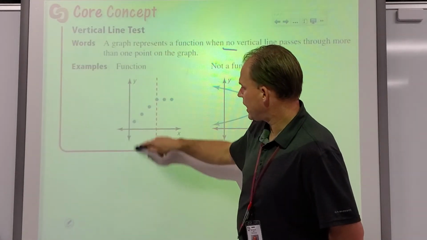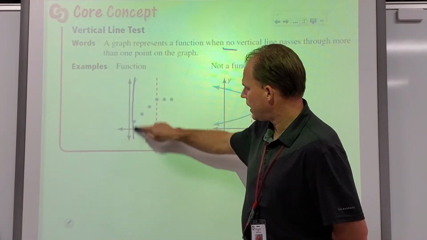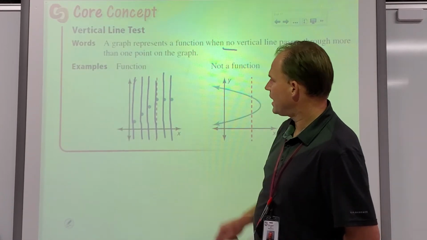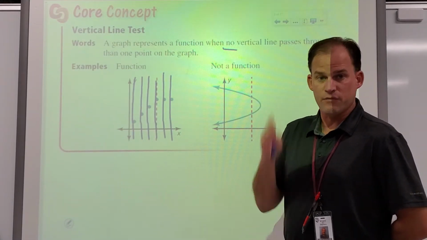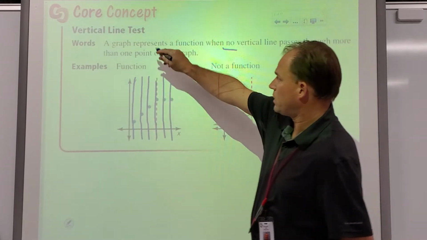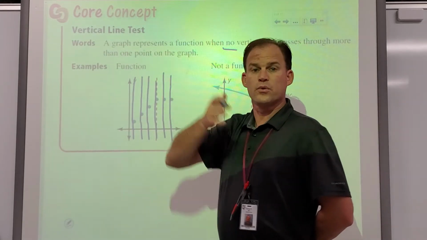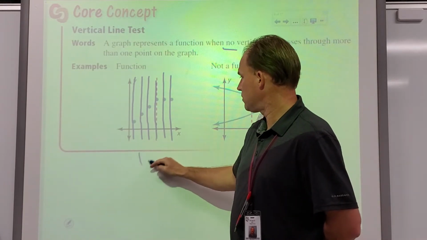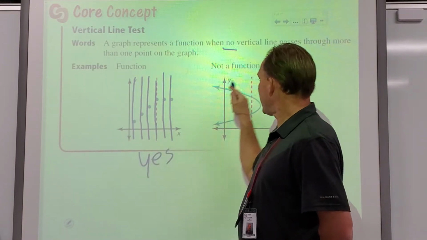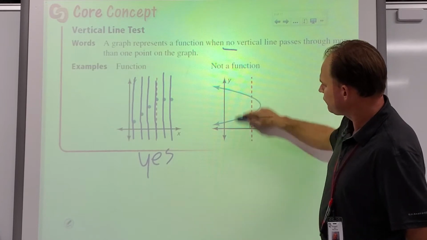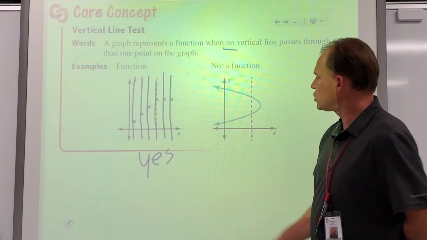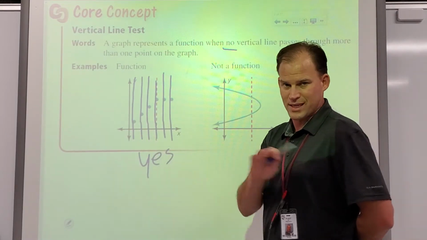But can I draw lines through each without hitting anything else? If you can draw a vertical line, that's why it's called the vertical line test, through each point without hitting another point, then this passes. If I draw a vertical line and I hit 2 points, not a function. Okay? Don't worry about the continuous or discrete part. That's got nothing to do with it.